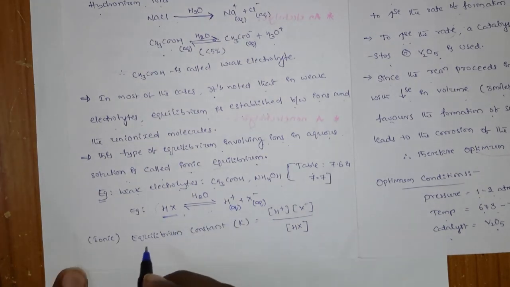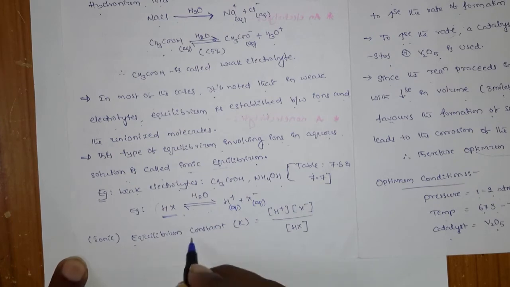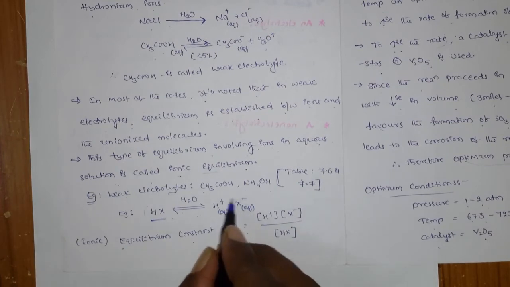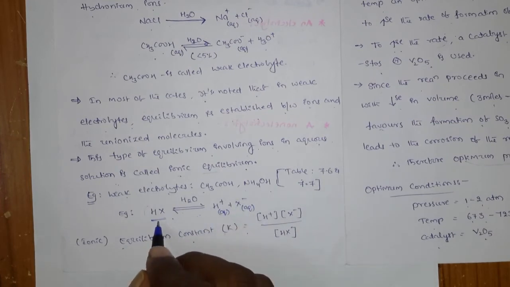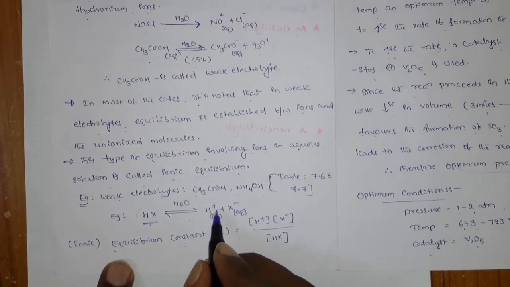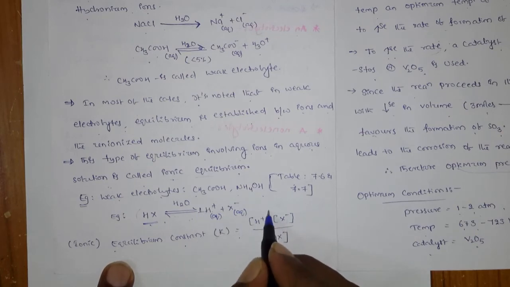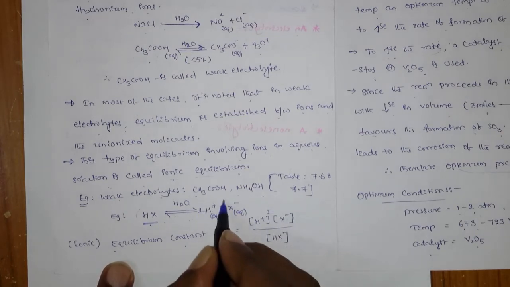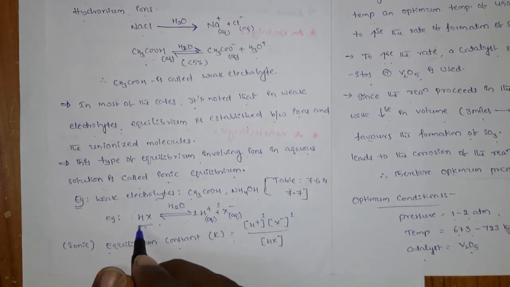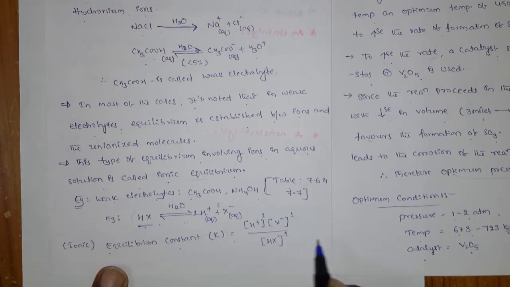So how can you write that equilibrium constant? Very simple: K is equal to the concentrations of the products divided by the concentrations of the reactant. Here there is only one H plus ion, so you write 1 here. Only one X minus, so you write 1 here. And only 1 mole of HX, so you write 1.